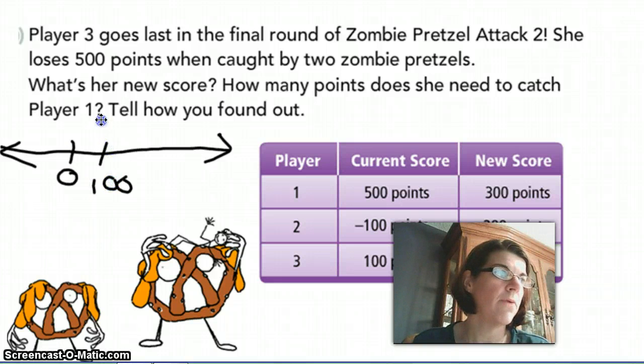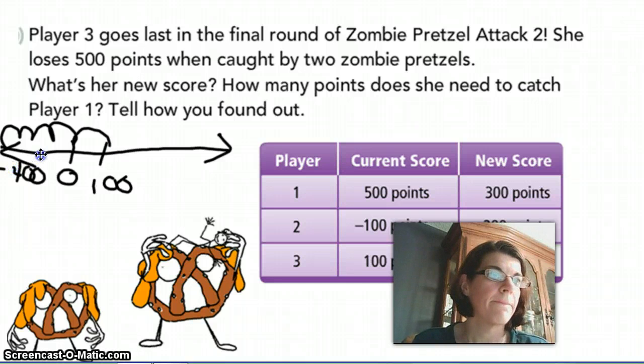If we're going to count by 100s and we're going to lose 500 points, then we're going to be back at 0, losing 100 points, and then we have to keep going, losing another 1, 2, 3, 4. So we would be at negative 400 points. So our new score would be negative 400.